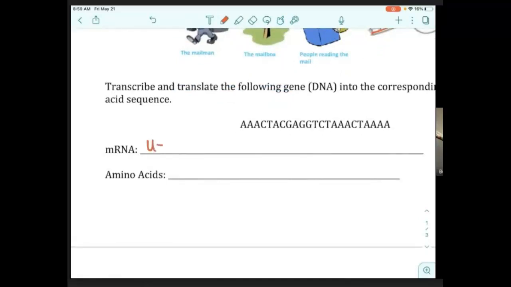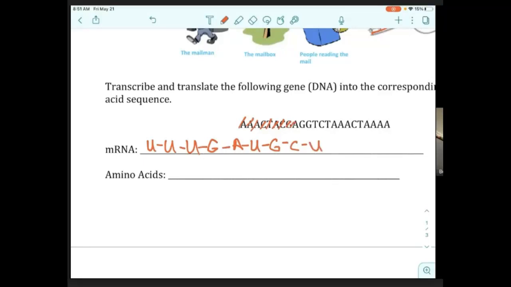So the first one is U, and then I cross it out. The next one is U, then I cross it out. The next one is U, then I cross it out. Then the next one is a G, and I cross it out. And the next one's an A, and I cross it out. Then a U, and I cross it out. And a G, I cross it out. Then a C, cross it out. Oh boy. U, thanks, Mr. Scope.